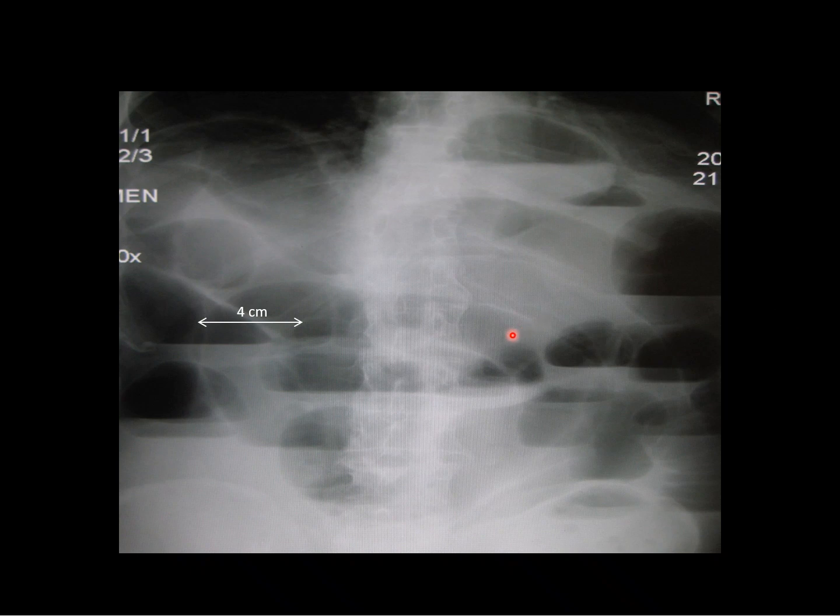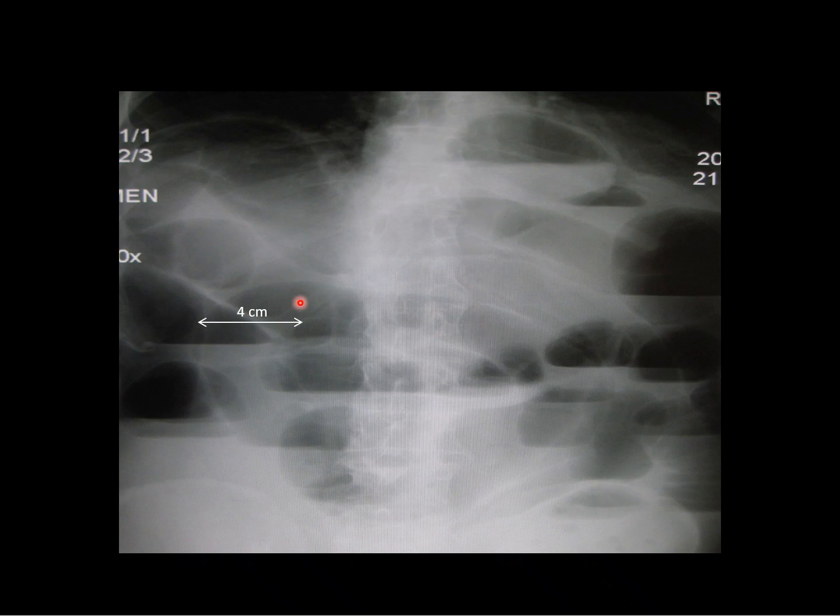So we have several dilated loops of bowel. Here, there, there. And what we see in this particular one is the classic air fluid level. Air up at the top, fluid down at the bottom, and the edges of this horizontal line, because remember this is an erect film, are going to go up slightly at the corners. That's the sign of the meniscus. So we have several air fluid levels here.